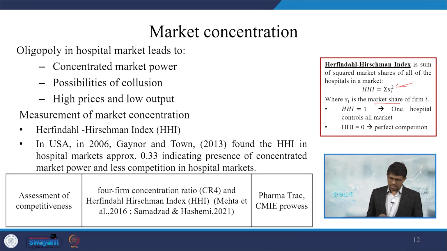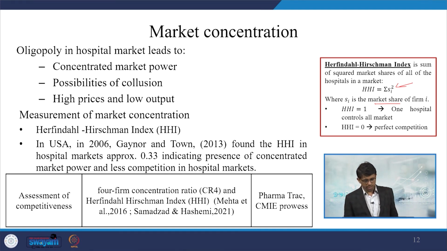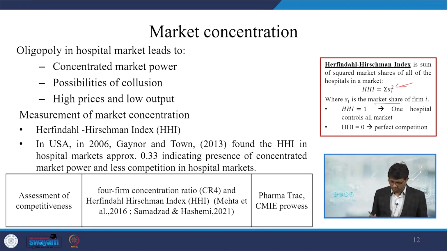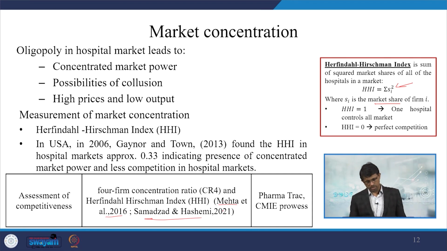There are other approaches of estimation you can use to assess competition. Usually the concentration ratio is measured, in the standard format called CR4 for industry concentration, and we follow HHI. Some of the papers we have referred to are Mehta et al. 2016 and Samjad and Hassemi 2021.